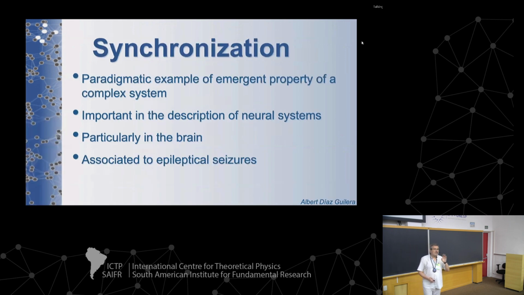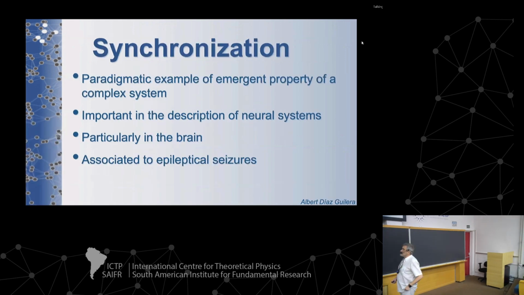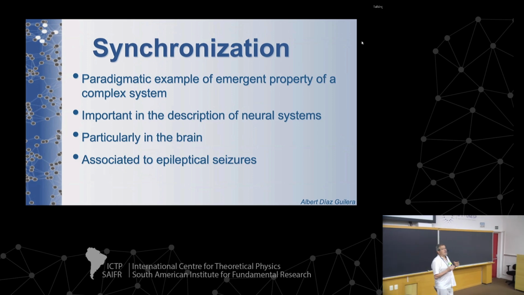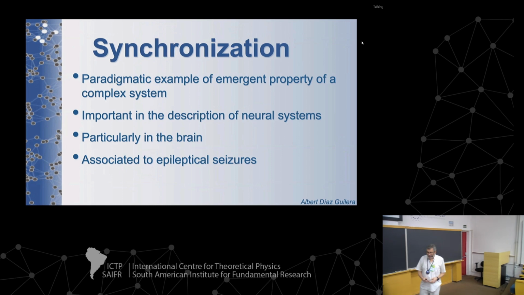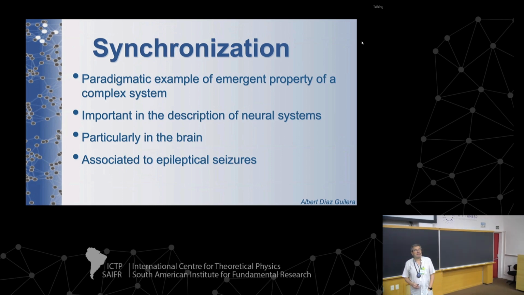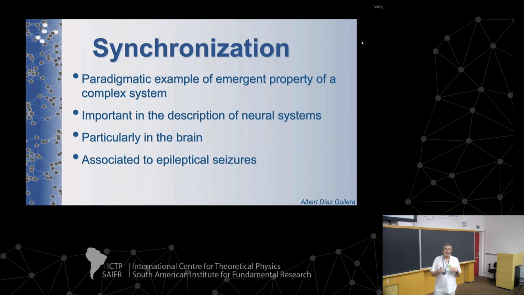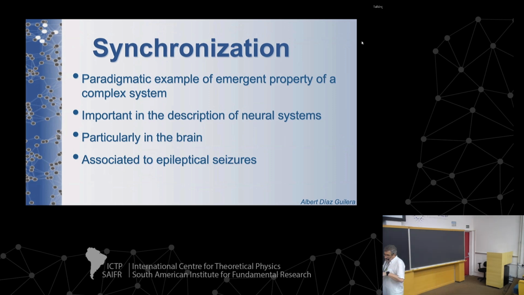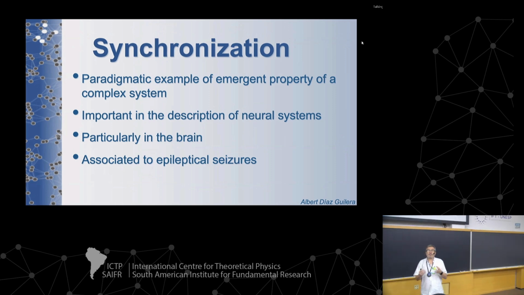Well, synchronization, it's the second talk in these days that I do about this topic. It's really a paradigmatic example of an emergent property in a complex system. And it has so many different applications, but the idea, mainly from the perspective of complex systems, is that it's not related to individual properties of the units that form the system, but it's understood as a collective property of the system.